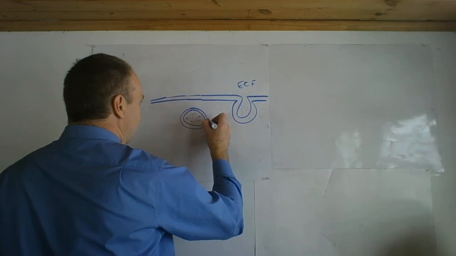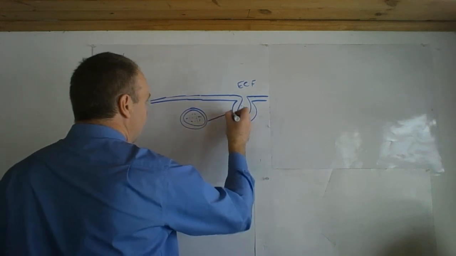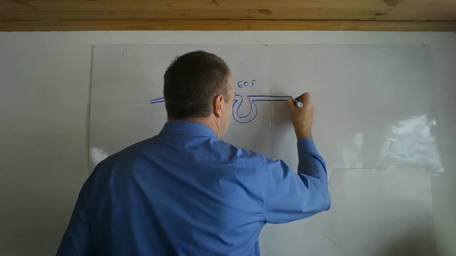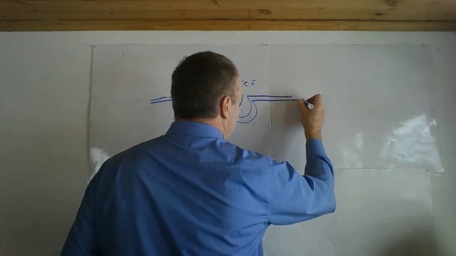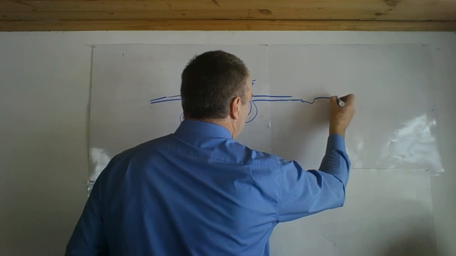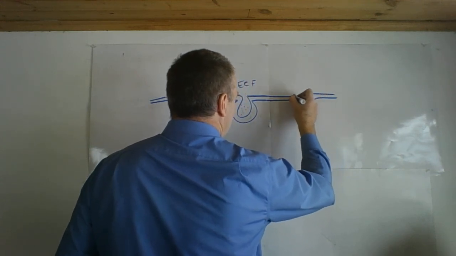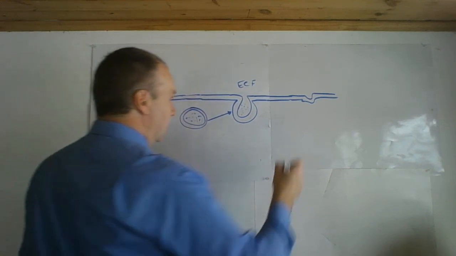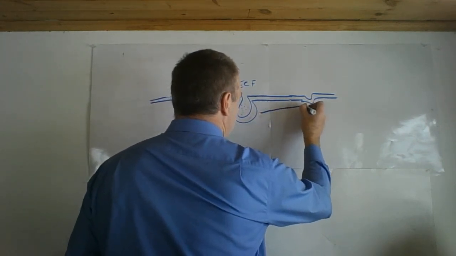So we have an arrow going from this, and finally it will become just another part of the cell wall. This whole part here will just become part of the cell wall, so that it goes this way.